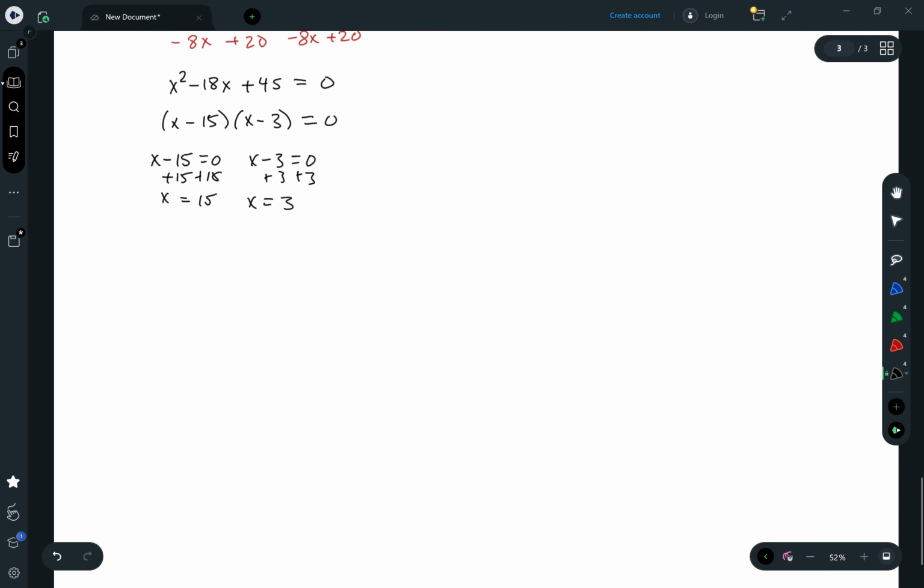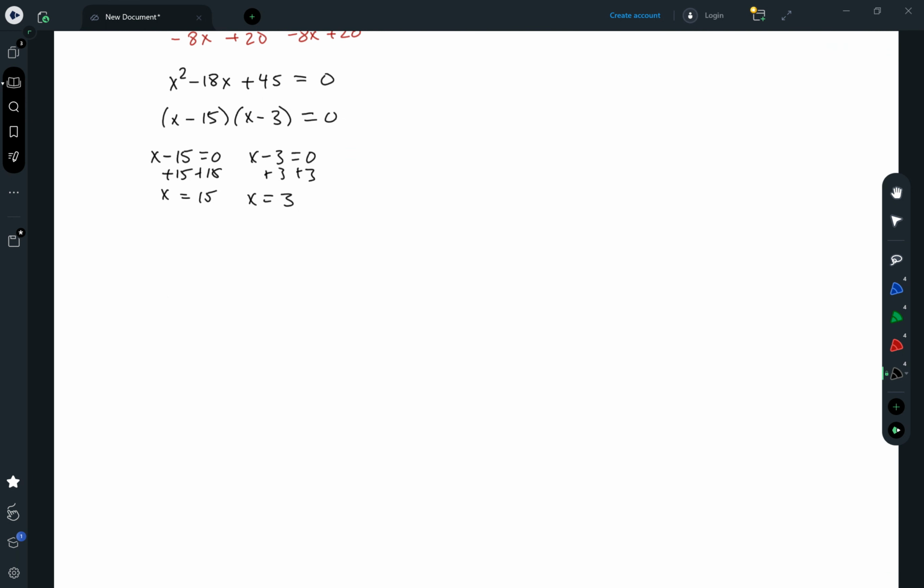They may both be solutions, or one may not be. We must check this in the original equation. The original equation is square root of x plus 1 minus the square root of 2x minus 5 equals 1. When I plug in 15, I have square root of 15 plus 1 minus square root of 2 times 15 minus 5 equals 1.